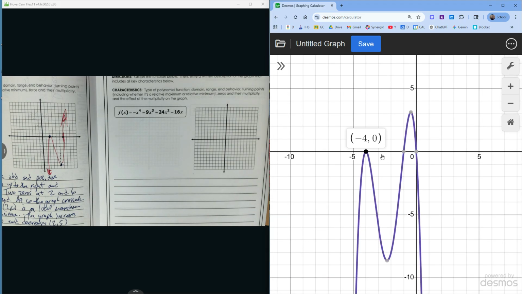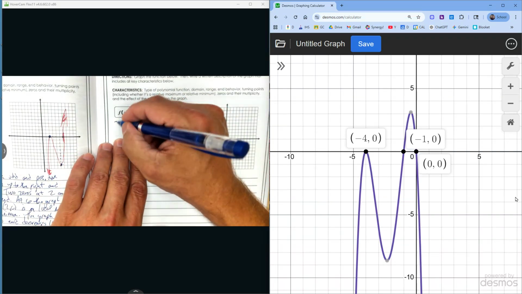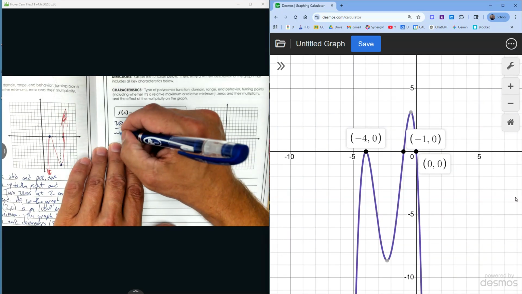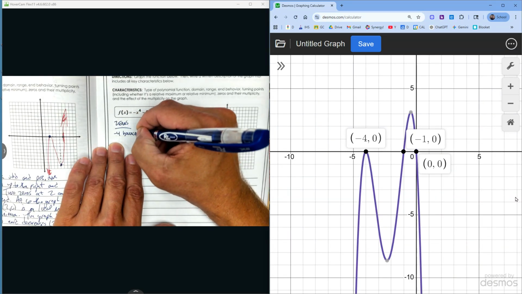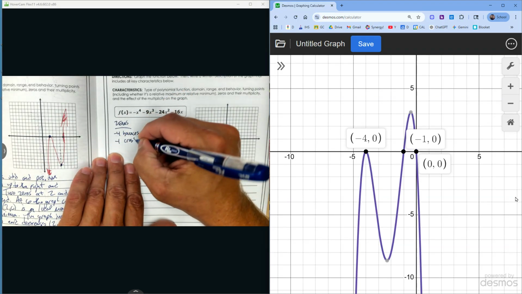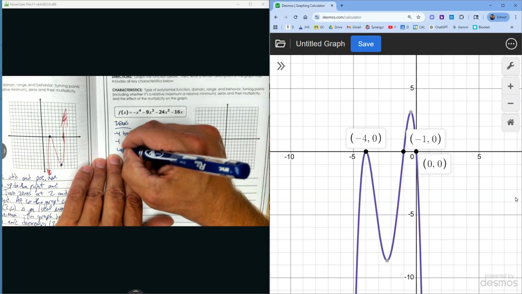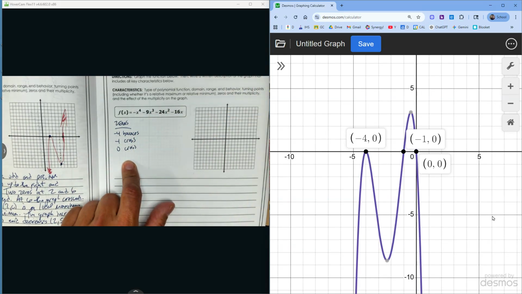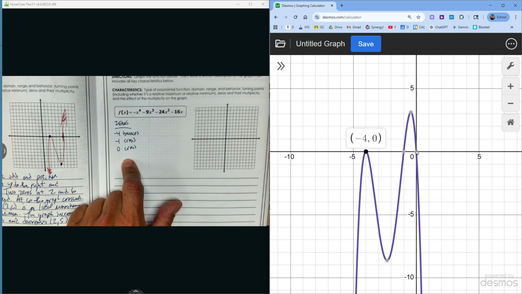And I'm going to first look at the zeros. So we have zeros at negative 4. It bounced. I have one at negative 1. It crossed. And at 0, it crossed. I also have 3 turning points. So I'm going to get rid of this and this. So we have a maximum there and a maximum there.